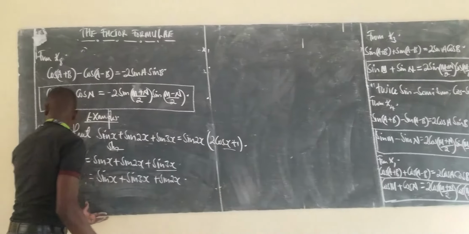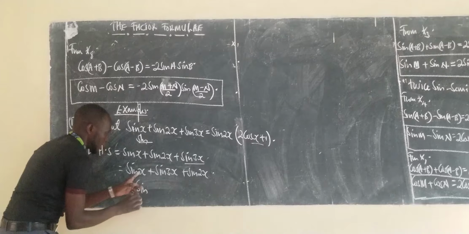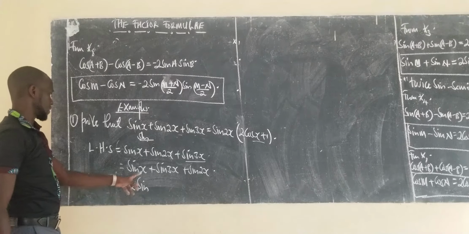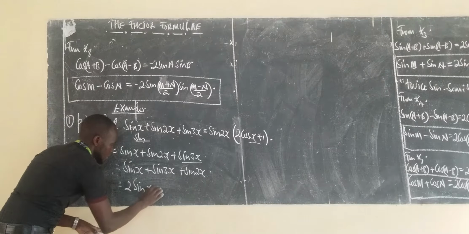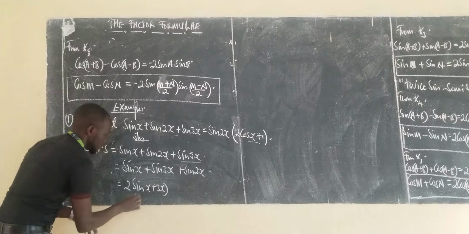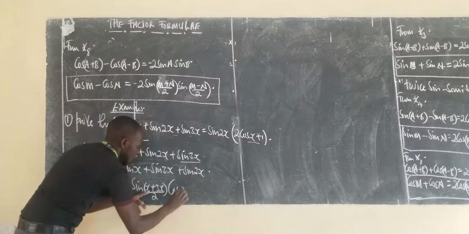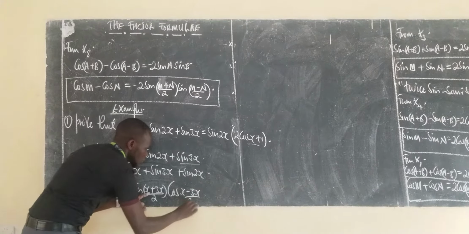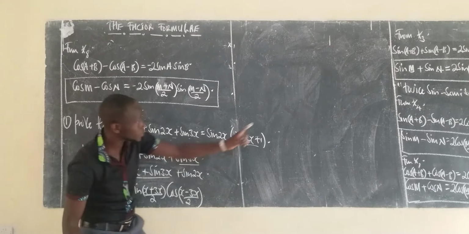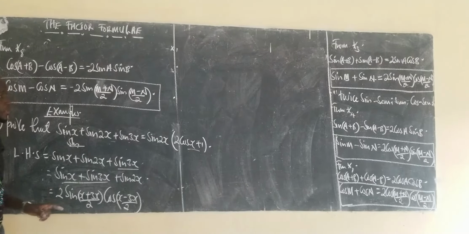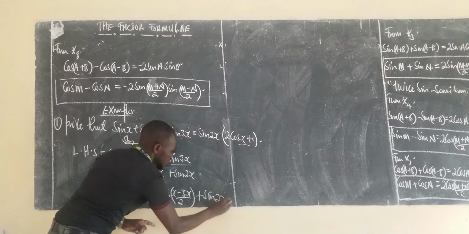So we shall have 2 sine of x plus 3x out of 2, cos of x minus 3x out of 2. This one is exactly this, and this one reflects what we have exactly there, the summation of 2 sines, then plus sine of 2x.